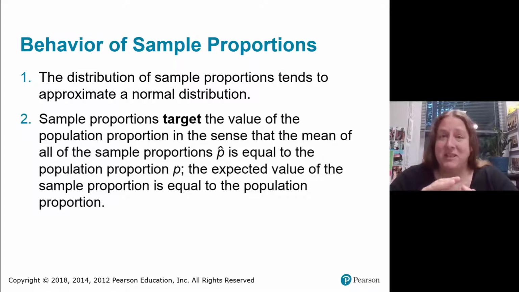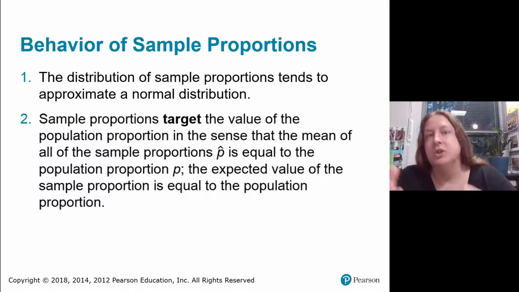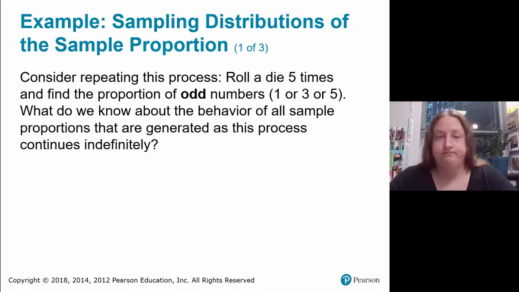Okay, so if we say something targets a value, it means that the mean of all the sample proportions, mean whatever, they are equal to the population proportion, mean whatever, all right? Also, that means the expected value of the sample proportion, or mean, is equal to the population proportion, or mean.